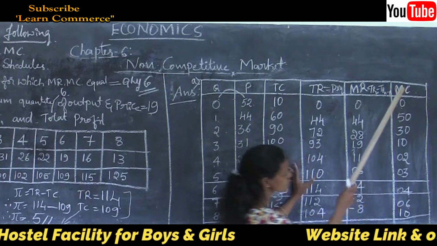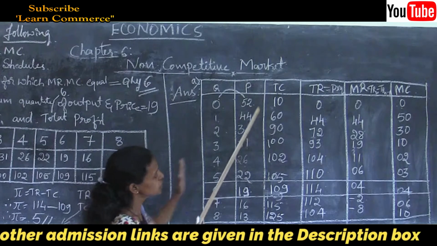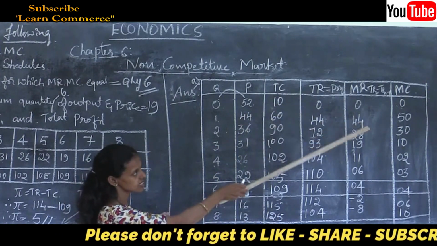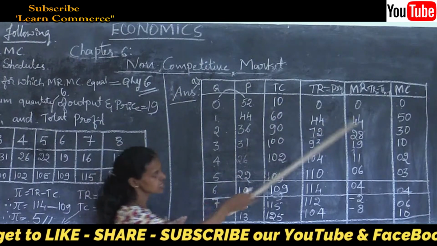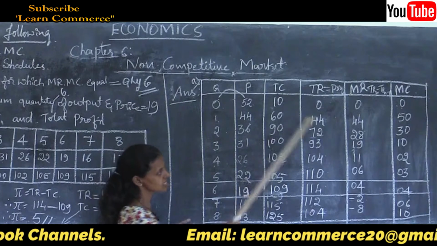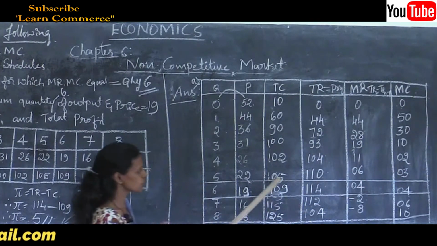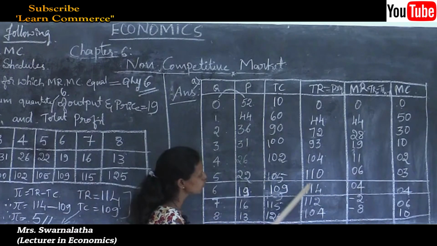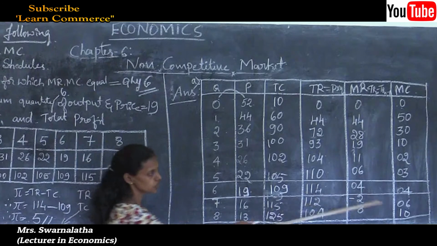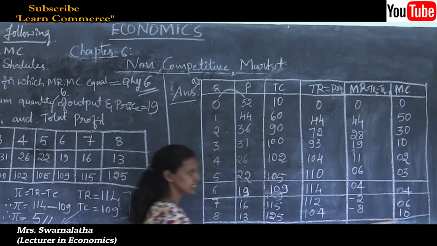The last one is marginal cost, TC(n) minus TC(n-1). You should concentrate on the total cost column: 10 minus 10 is 0, 60 minus 10 is 50, 90 minus 60 is 30, 100 minus 90 is 10, 102 minus 100 is 2, 105 minus 102 is 3, 109 minus 105 is 4, 115 minus 109 is 6 and 125 minus 115 is 10.